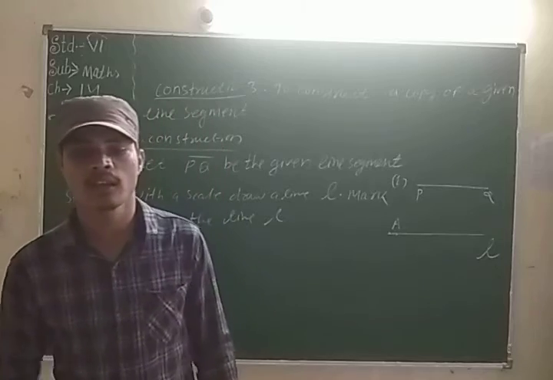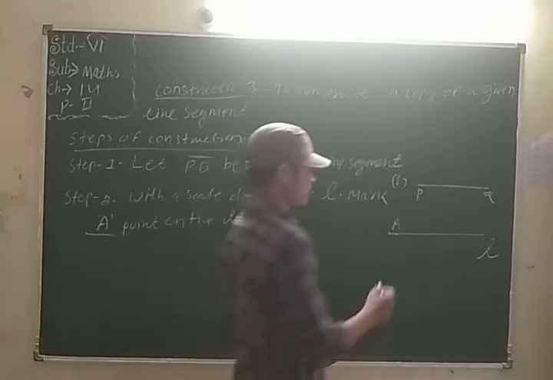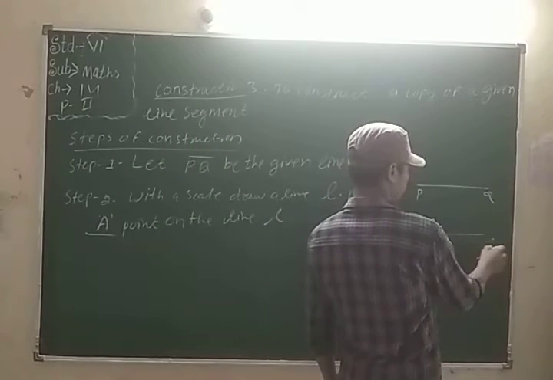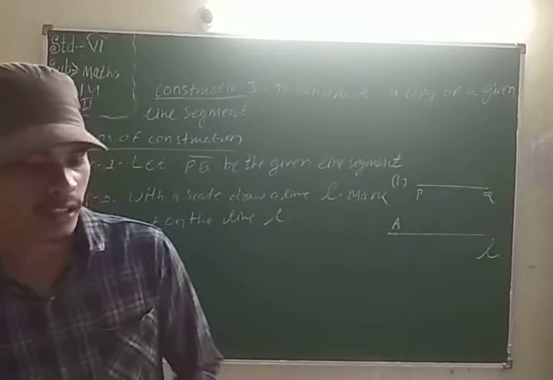So the first step is to take a line segment PQ. The second step is to draw a line L and put a point A on it. Then what is the third step?